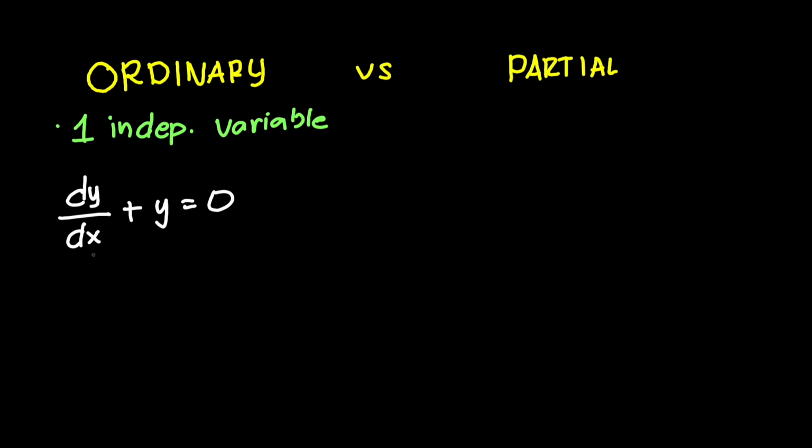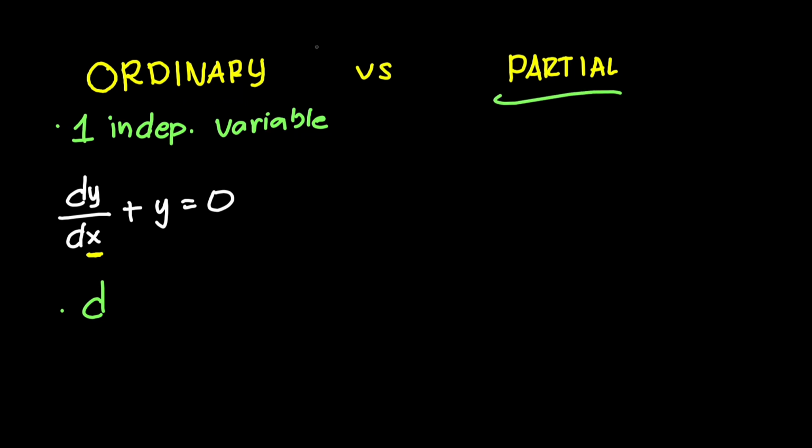You can see here, it only has one independent variable, which is x. Another sign is how the d is written in the equation. So if you see something like a straight letter d, it is an ordinary differential equation.